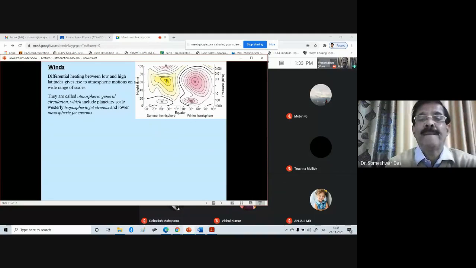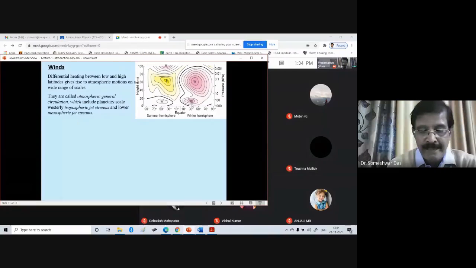You can see the troposphere is only a very small layer, about 15 or 16 kilometers above the ground, roughly 100 millibar. Above that is the stratosphere, above that the mesosphere, and so on. In the winter hemisphere, you have a very strong W, which indicates westerly wind. You know what westerly means? What is the wind direction?